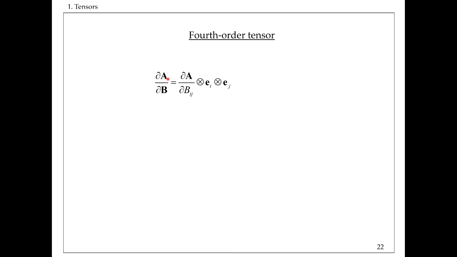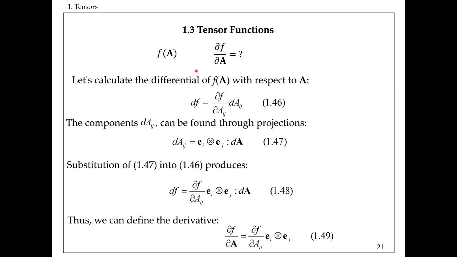If it doesn't depend, still the result will be a fourth order tensor. It's just that the components will be all zeros, but this operation would still produce a fourth order tensor.